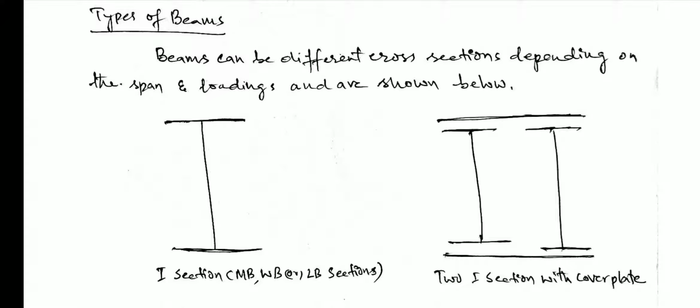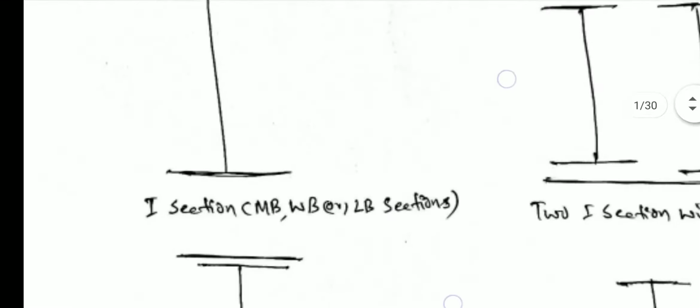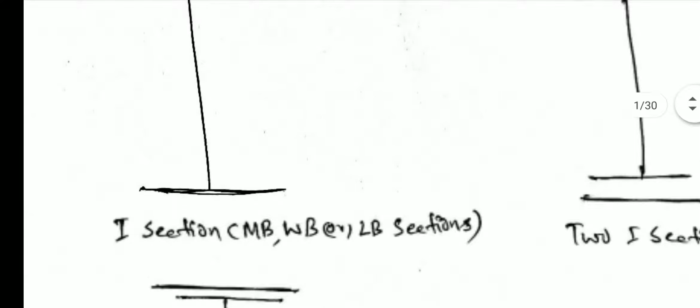If the problem gives it, no need to worry, you can solve it, but if you are choosing a beam cross section from the steel table, don't select ISHB. ISHB is preferably designed for the column. Now which other sections are applicable here? They have given I section: ISMB, ISWB or ISLB sections you can use.